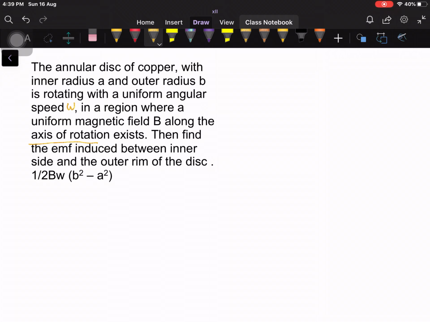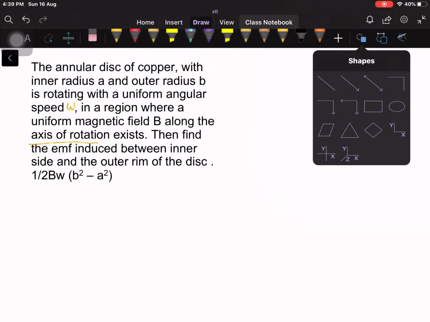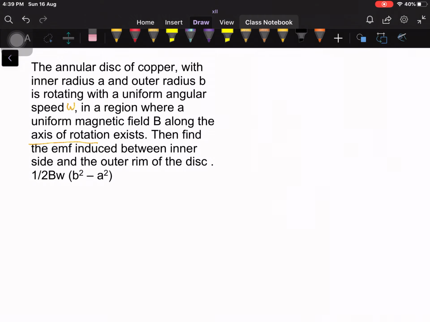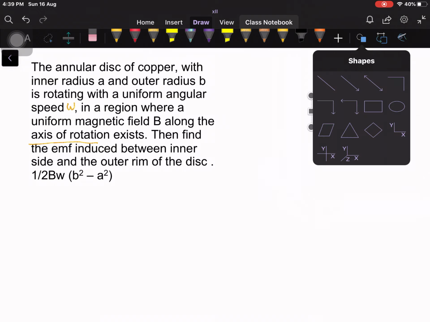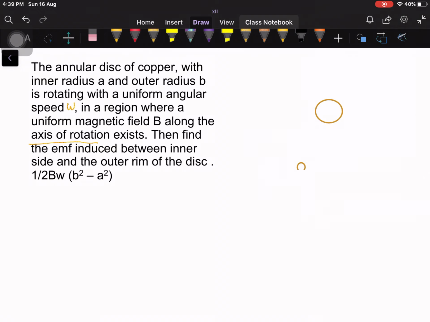First of all, I'm going to draw the disc. So try to understand the disc, and after that diagram we are going to discuss. Suppose that this is a ring, another ring I am going to draw here. This is another ring. I am placing this ring into this, like this.